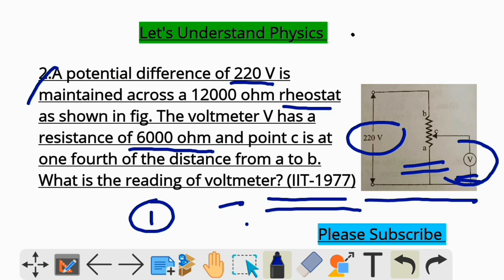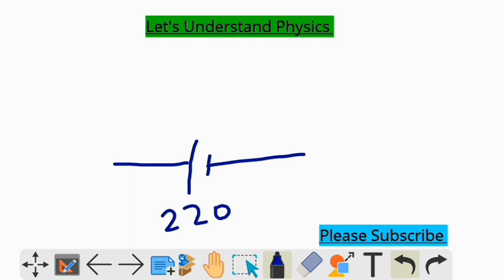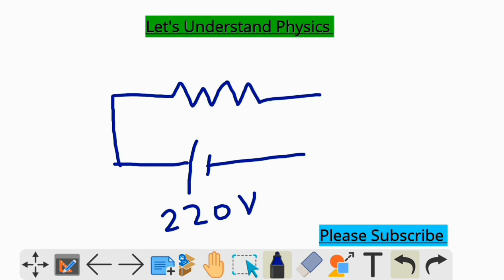Let's draw the diagram. Supply, I am just taking a cell which is 220 volt. And then the rheostat, I am just drawing the same diagram in a horizontal way.